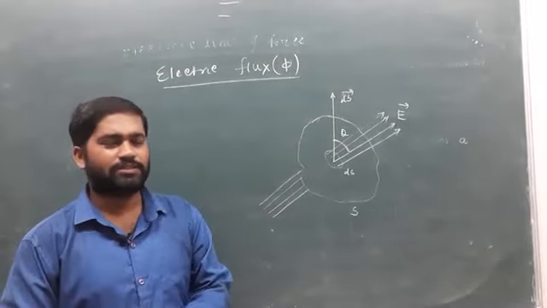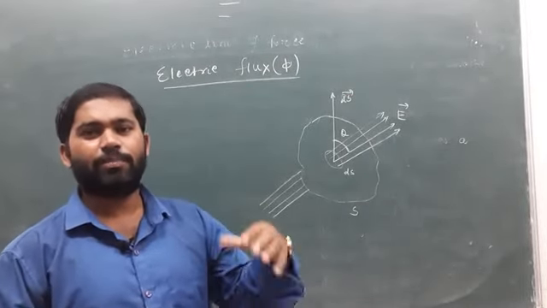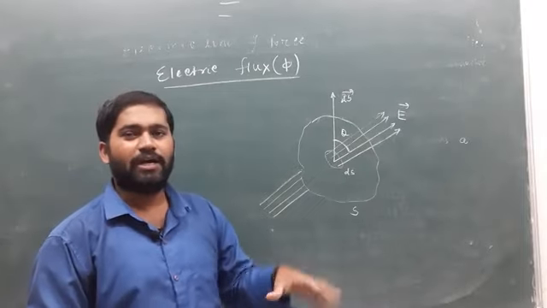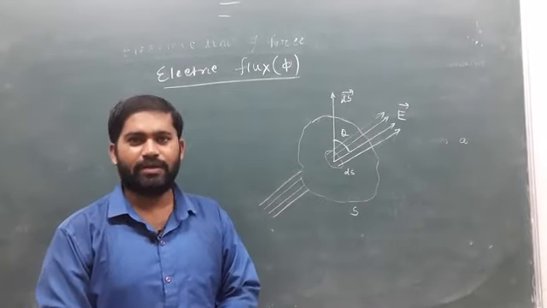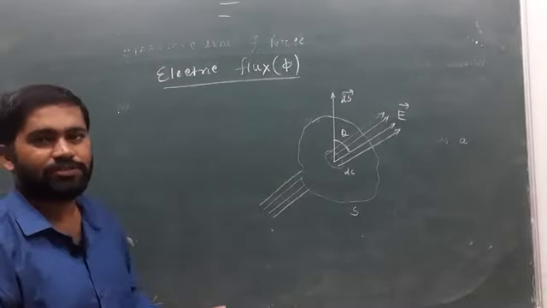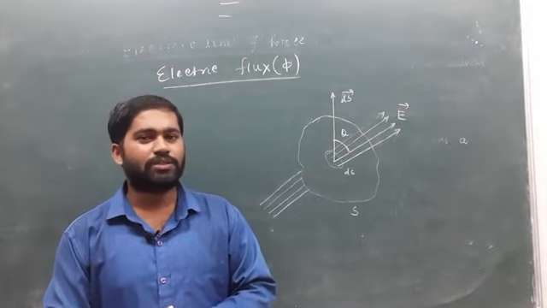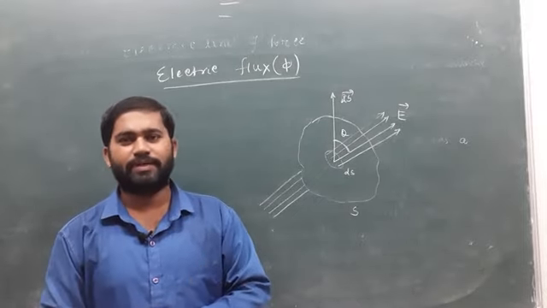Simply, electric flux is a measure of the number of electric lines of force associated with a certain area. Or mathematically, electric flux is the dot product of the electric field intensity with the area of the surface vector.